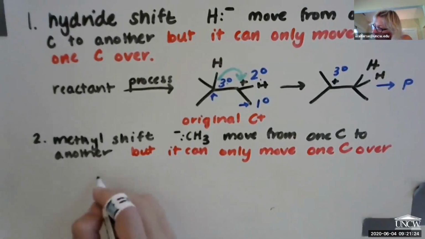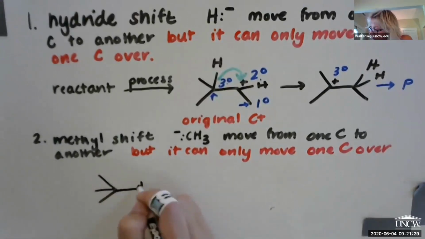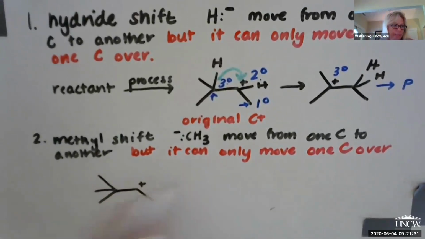So now what we'll do is we'll draw a similar carbocation as we'd had before. Okay. And again, we have only 2 next door neighbors. One is here and one is here.